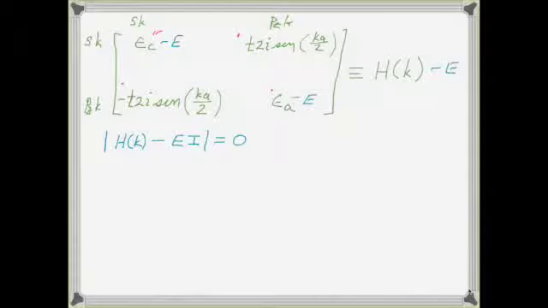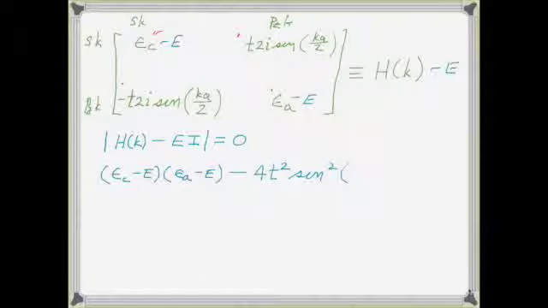The determinant looks very much like what you just did in your homework. It's (EC minus E)(EA minus E) minus the product of the off-diagonal terms, which is 4t squared sine squared Ka over 2.